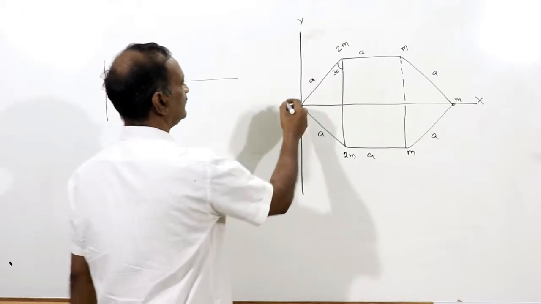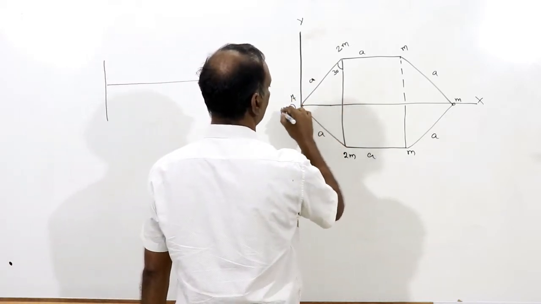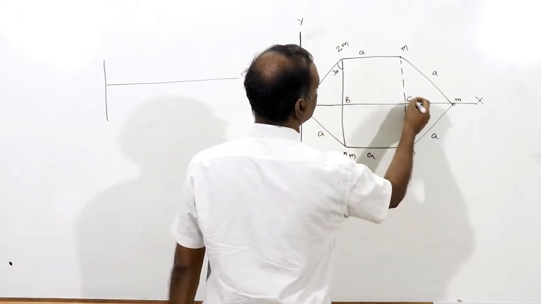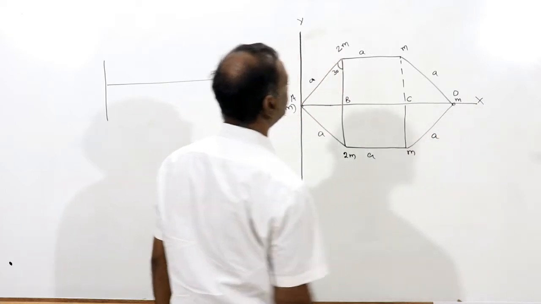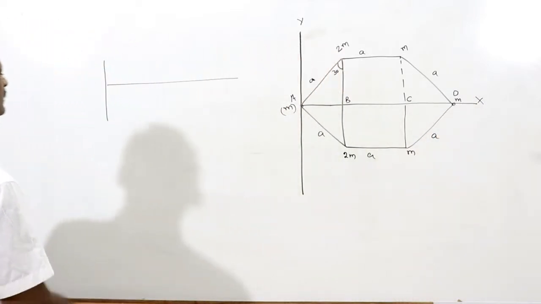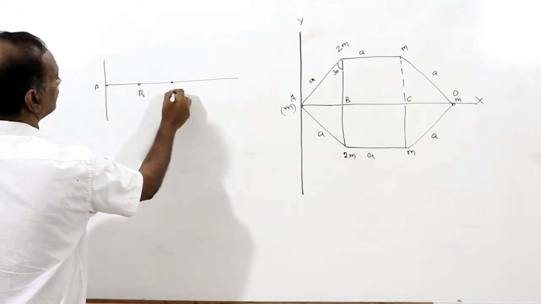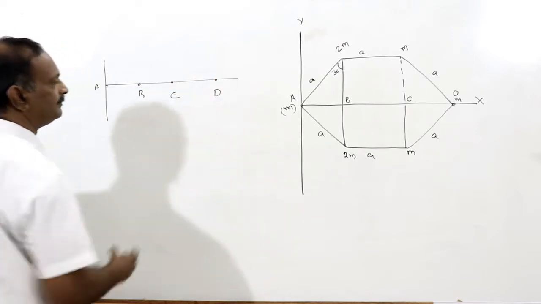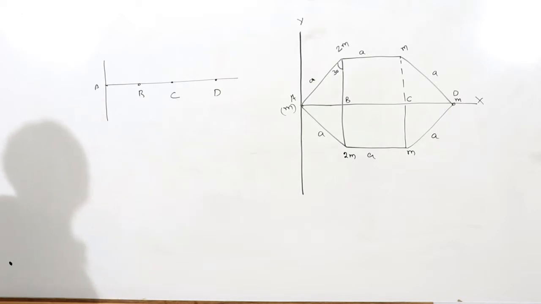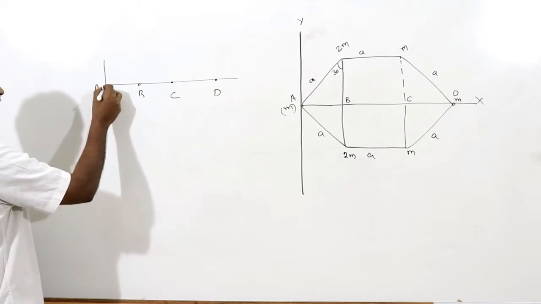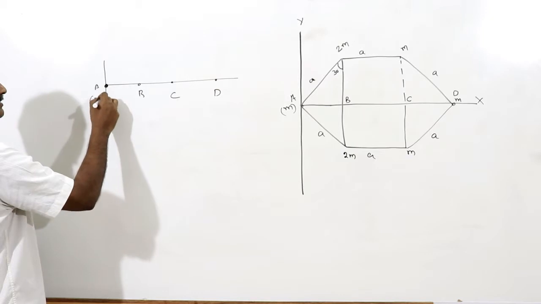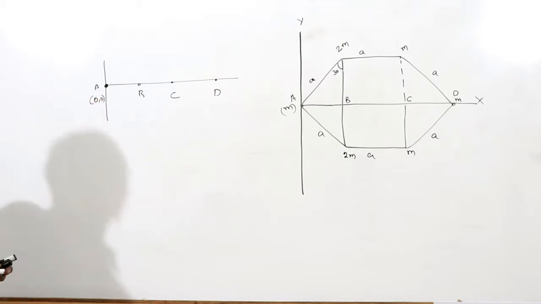This point is say A, this is B, this is C, and this is D. Now with respect to this point, we are calculating, that is 0, 0, the center of mass.